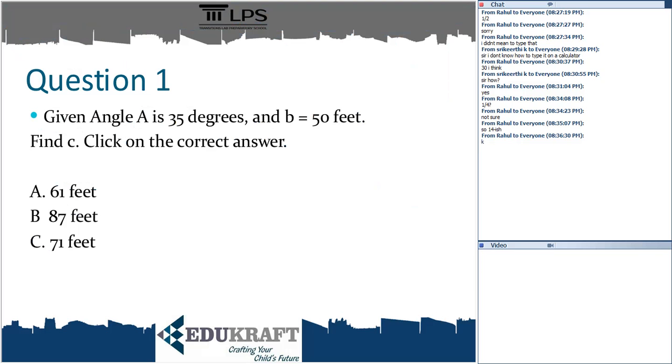Try to draw the triangle, mark the angle A. Angle A is 35 degrees, B is 50, and what you need to find out is C. So let's call this some angle A. Okay, this would be the side A. Anyone who has the answer, is the answer 61 or is the answer 87 or is the answer 71?